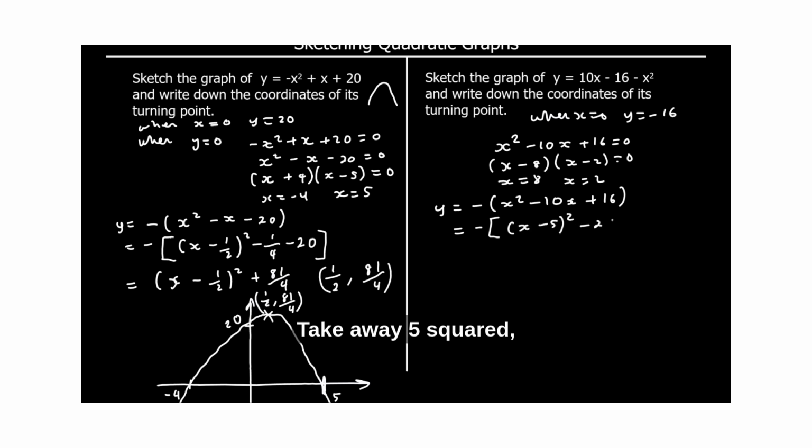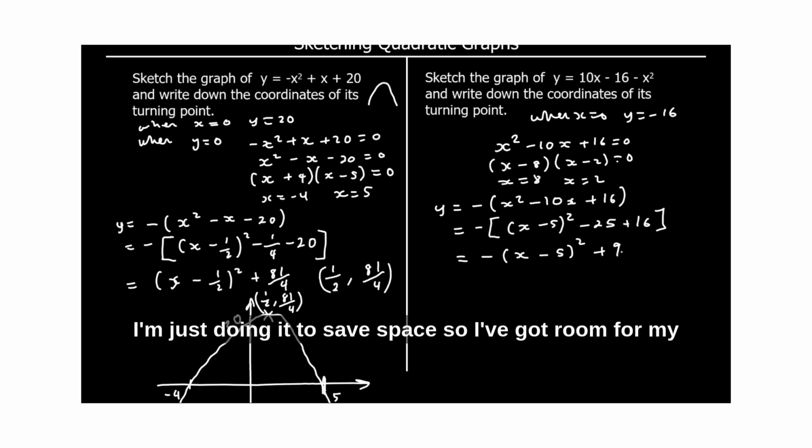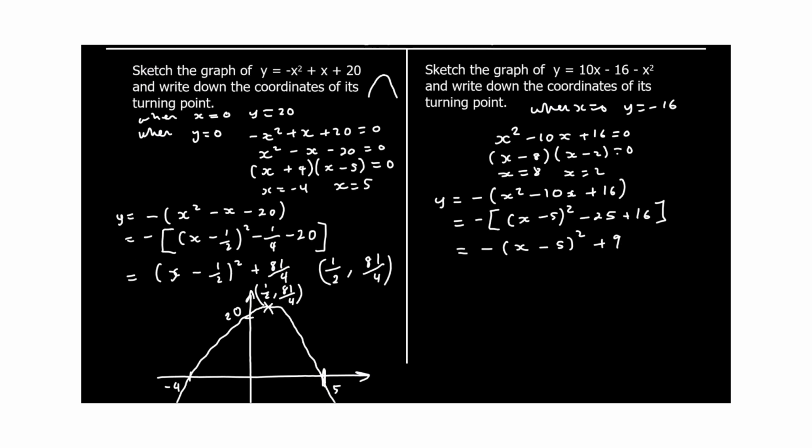Take away 5 squared, which is 25, and plus 16. Negative 25 plus 16 will be negative 9. So we're going to have minus x minus 5 squared. It's negative 9, but when we expand the bracket, it will be plus 9. I've just skipped a step again there. I'm just doing it to save space, so I've got room for my sketch.